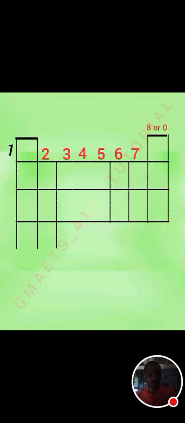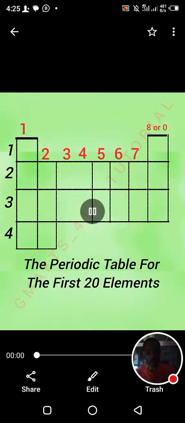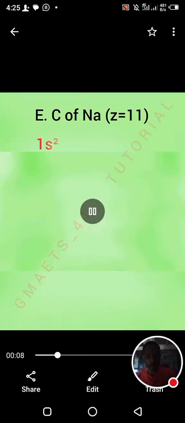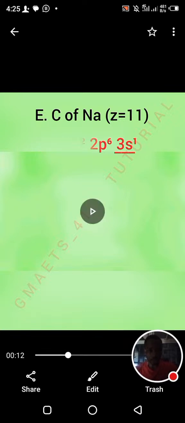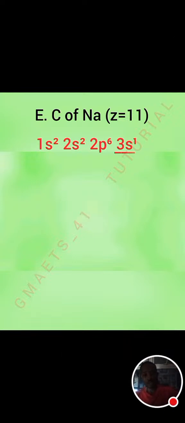Now let us consider this. Let's look at sodium. For sodium, you notice that the highest principal quantum number there is 3.